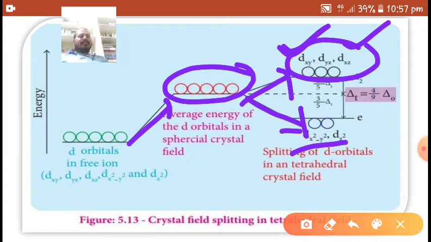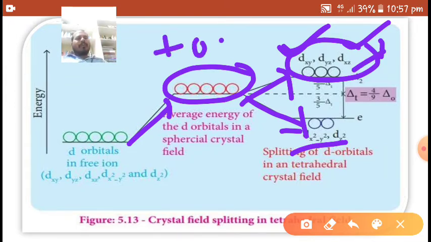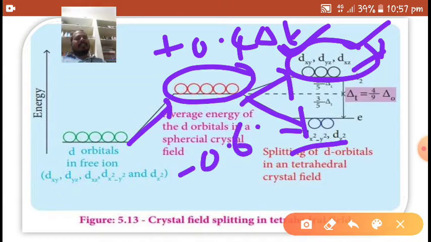So here the T2 orbital energy will be increased by plus 0.4 delta T. T indicates tetrahedral. The energy of E orbitals will be decreased by minus 0.6 delta T, right?